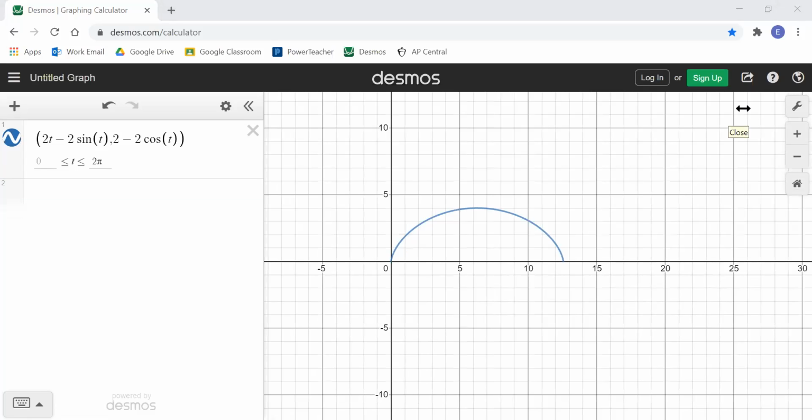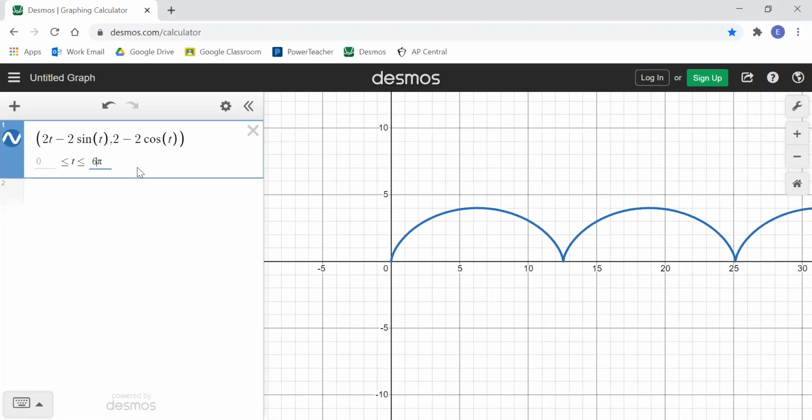Nick, to answer your question, no, not necessarily. For example, if these were like 2 t's within here, one arch of this, one period of this would go from 0 to just pi. So real quick, if I put it at 4 pi, we get a second one. If I put it at 6 pi, we get a third one, and so on.